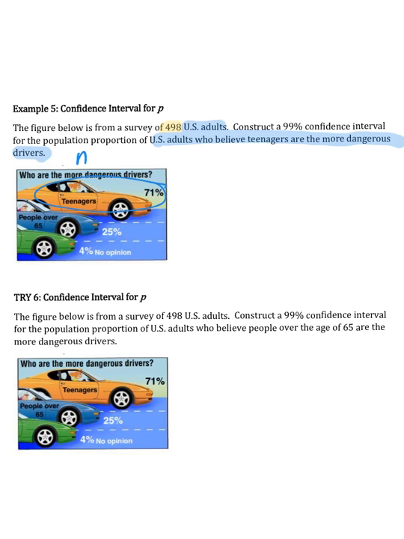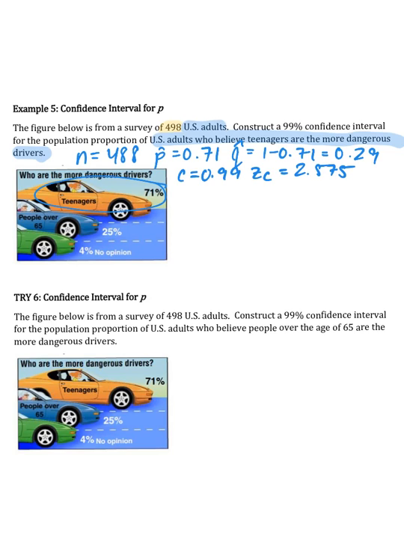So our N is 498. P hat is 0.71. Q hat is 1 minus that, which gives us 0.29. Our confidence level is 0.99, which means our critical value is 2.575. Again, that's a common one. We can calculate our E, which is going to be 2.575 times the square root of 0.71 times 0.29 all over 498.